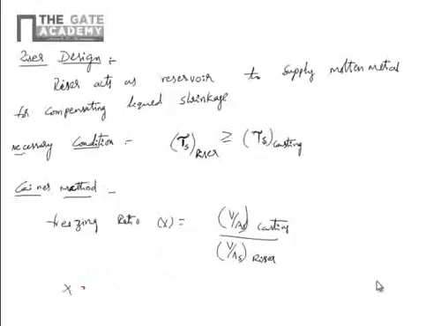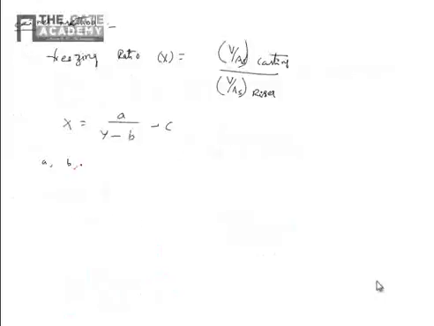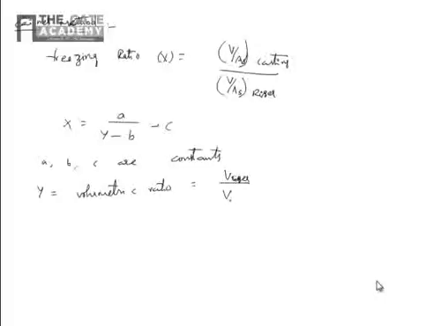Another formula, based on the design textbook, is X equal to A by (Y minus B) minus C, where A, B, C are constants. Y equal to the volumetric ratio, which is equal to volume of riser by volume of casting.